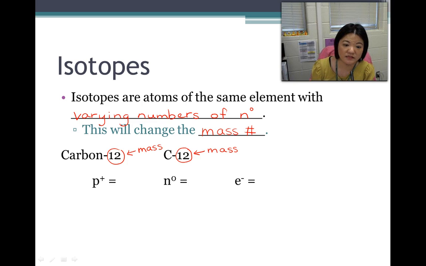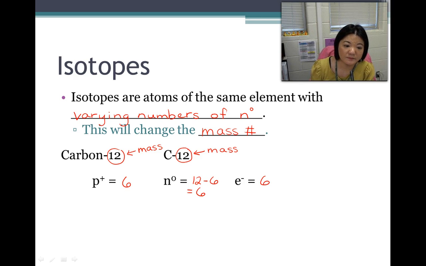So we are going to take 12 minus the atomic number to get the neutron number. The proton number for carbon is the atomic number, which is 6, which means the number of electrons is also 6. For the neutron number, you're going to take the mass, which is 12, and subtract the atomic number, which is 6. 12 minus 6 gives you 6.